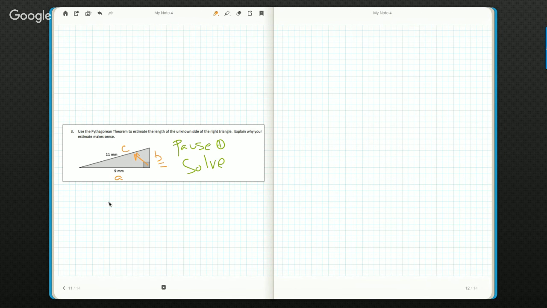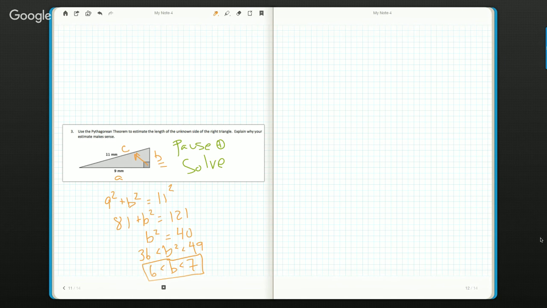We know A and C. So we can write 9 squared, I'm going a little shorthand on you, plus B squared equals 11 squared. So 81 plus B squared equals 121. So B squared equals 40, which is 121 minus 81. And so B squared is between what two square numbers? Well, that's between 36 and 49. So B is between 6 and 7.